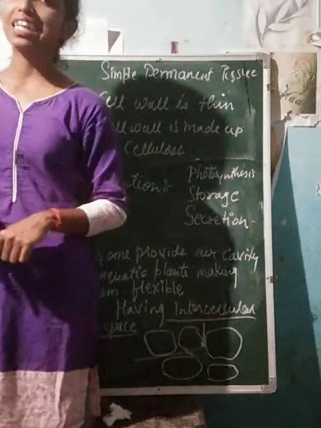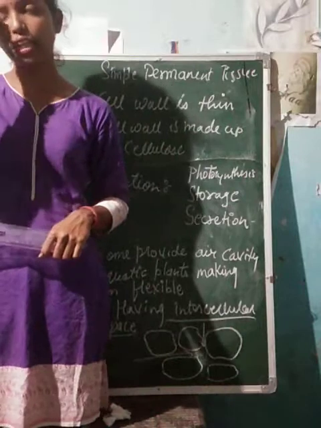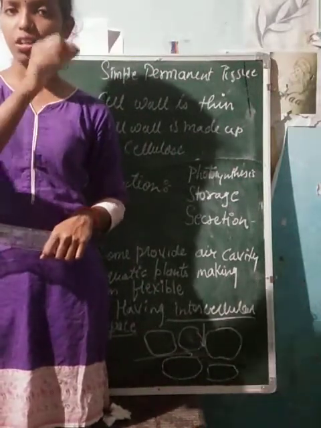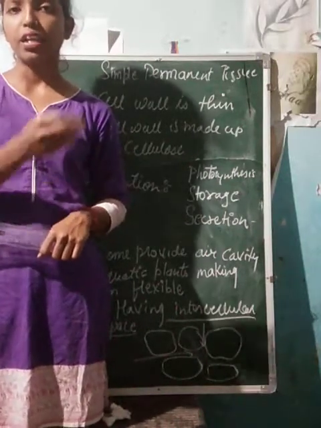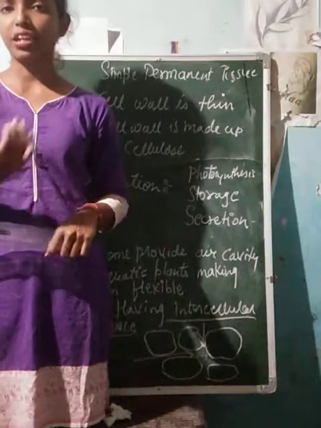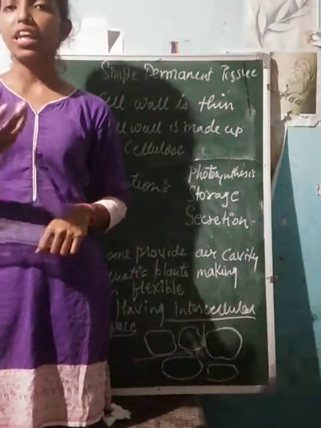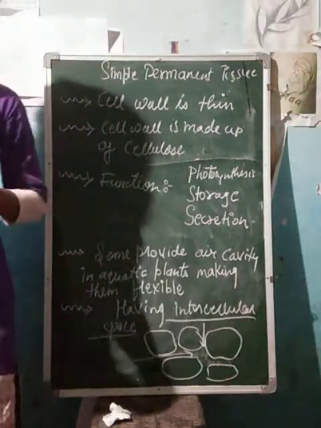Next one is secretion. You would have seen that in some plants, like the gum plant, when we pluck a leaf or twigs from that plant, a milky substance oozes out from there, right? So that is a kind of secretion by the plant. It is also done by the parenchyma tissues.